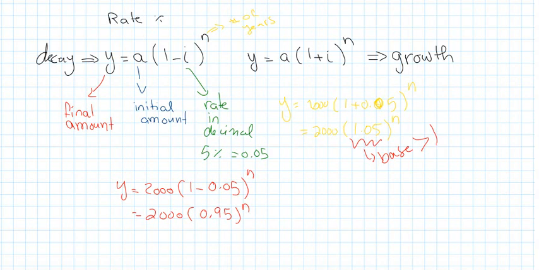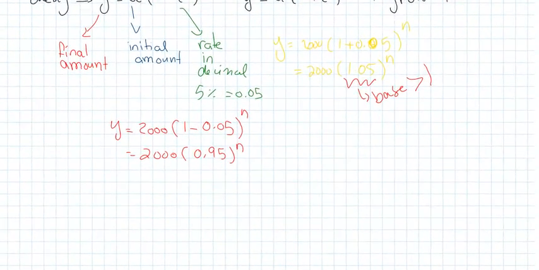For decay, on the other hand, it is always going to be between 0 and 1, so less than 1. It's always going to be 0 point something: 0.95, 0.5, 0.8, 0.6. This represents a decay. This right here, the 1.05, represents a growth.